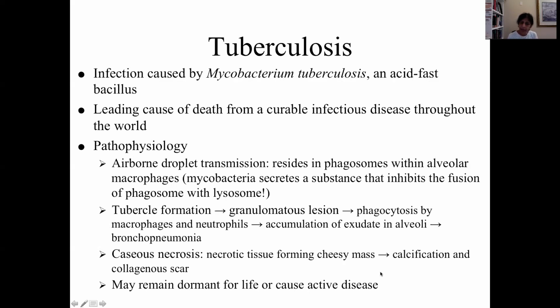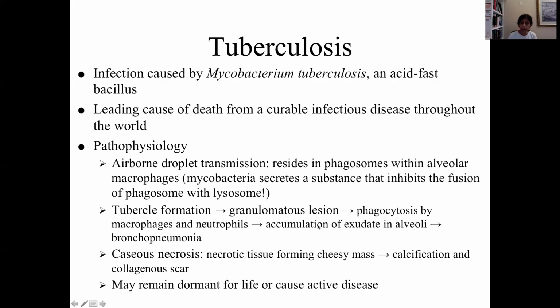All right, so we have seen the progress: the droplet arriving in the alveolus, multiplying within the alveolus, then the phagocytosis, then the granulomatous lesion by the destruction of the pathogen by the phagocytes.